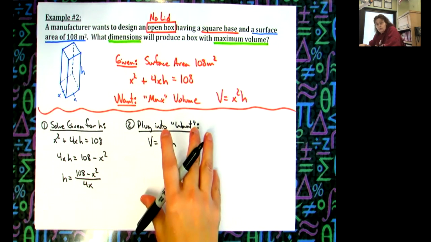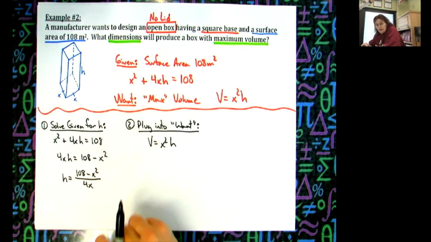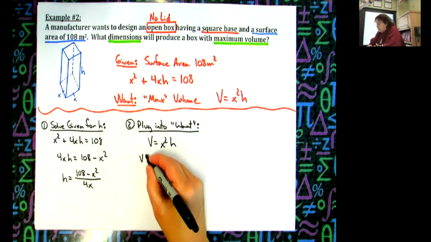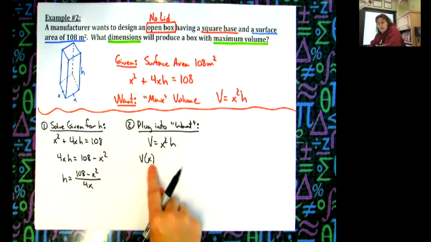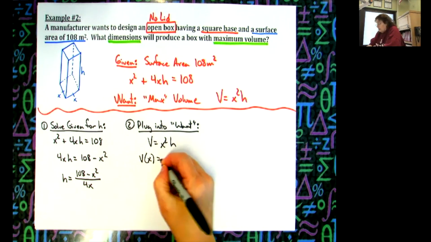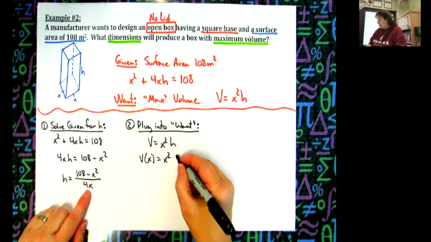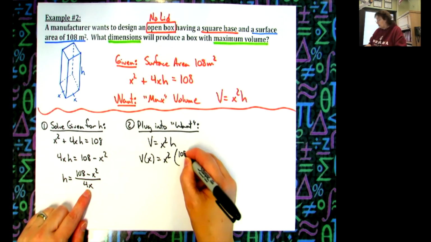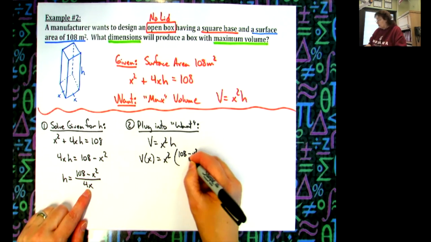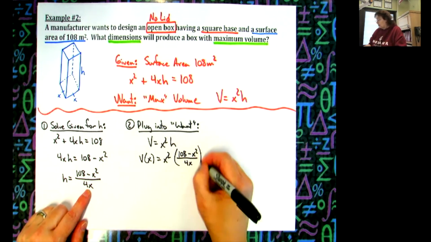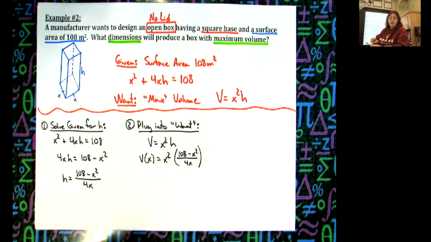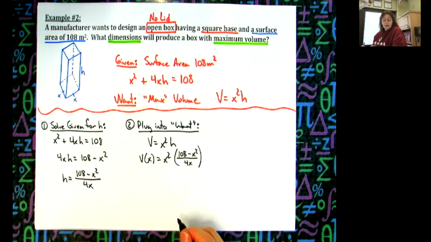I want it all in terms of the same variable. That way I can take the derivative, find those critical points. So it becomes v of x at this point because I'm going to function notation. All right, I'm going to have my x squared, and then I'm going to put in for h 108 minus x squared over 4x.